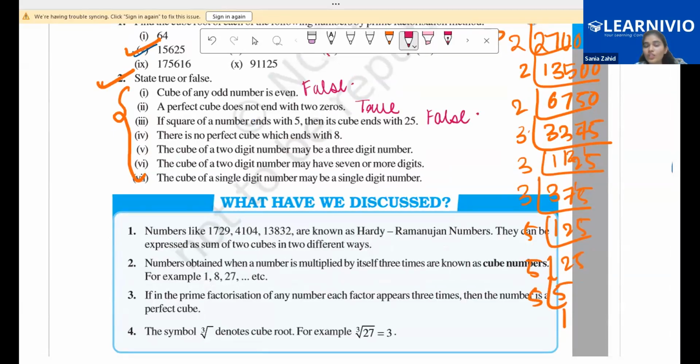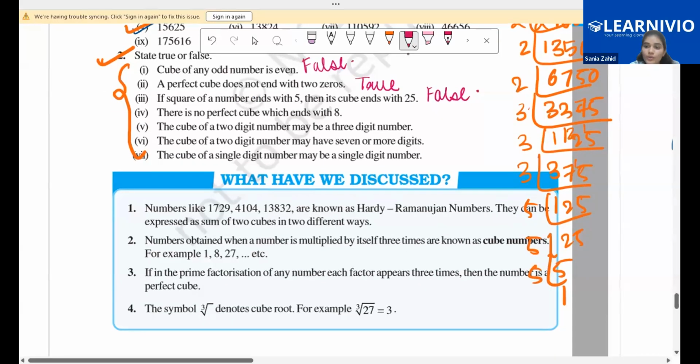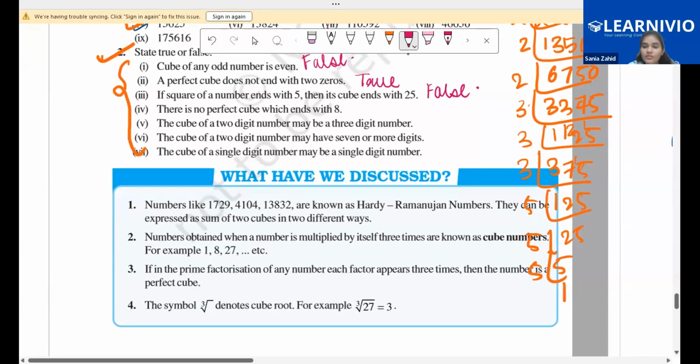There is no perfect cube which ends with 8. So is there no perfect cube that's ending with 8? Think of an example.